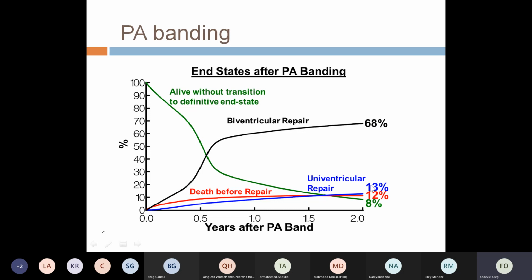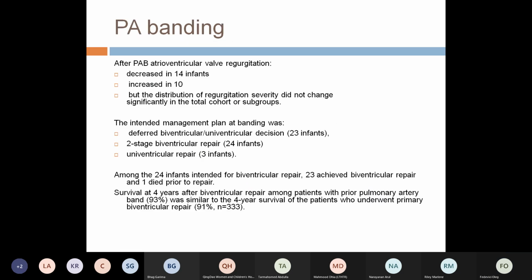About 13% underwent univentricular repair. 12%, it's a mortality after the surgery, after the PA band, and 8% still awaiting surgery at the point of paper was published. So interesting question is AV regurgitation after PA band.